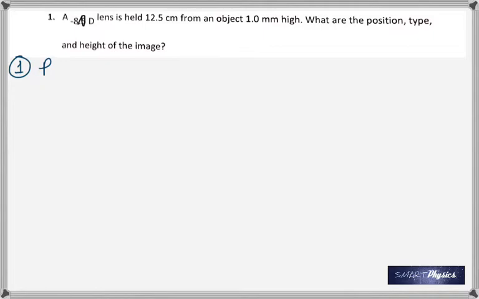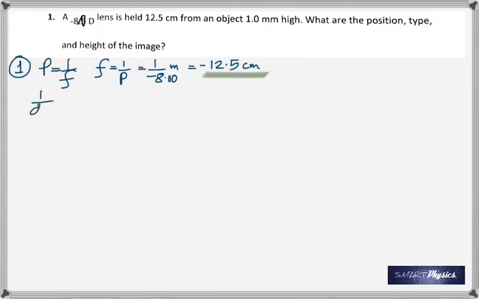The power of the lens is given, and the unit of power is diopters. That is the reciprocal of the focal length in meters. So power is 1 by focal length. Therefore focal length is 1 by P, so that's 1 by negative 8.